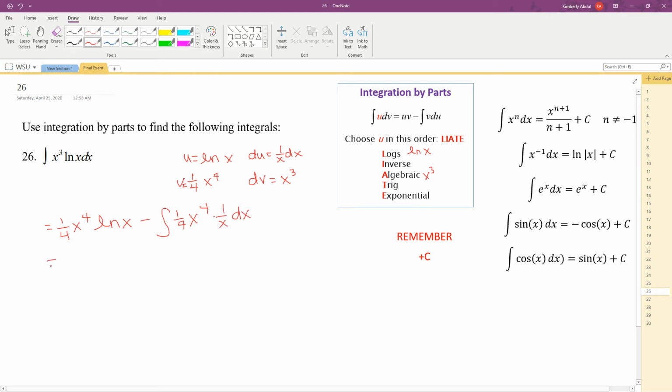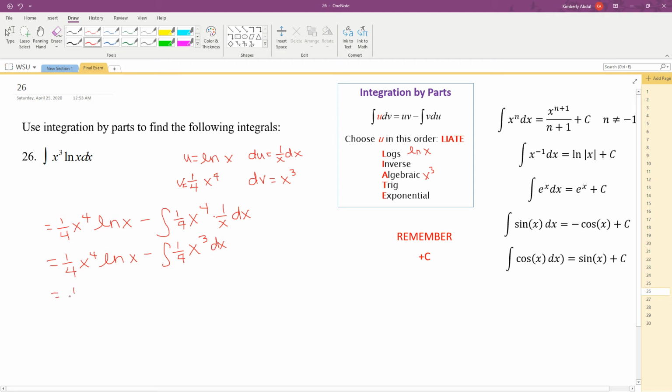So rewriting this, this whole first part would remain the same. And then here, I would get minus the integral of 1/4, and then x to the 4th divided by x is going to be x cubed, and then dx.